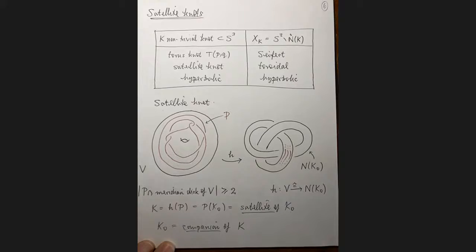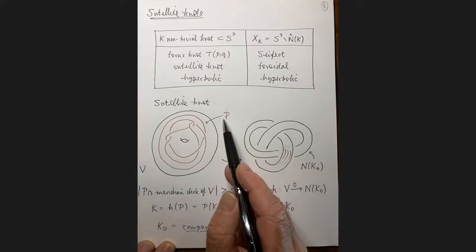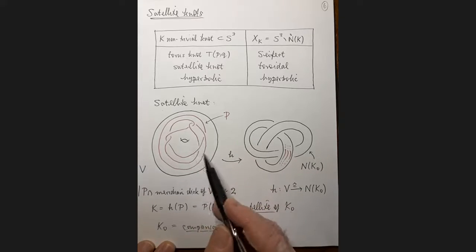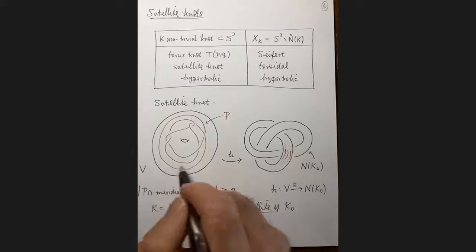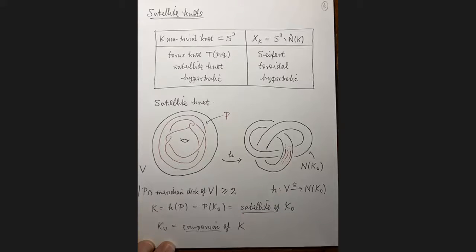I guess to be really precise, you should probably choose this to preserve some framing. And then K0 is called a companion. And of course, for non-triviality, you want the intersection of P with a meridian disk to be at least 1. And if it is 1, you don't want it just to be a core, but we want our satellite knots to be prime.